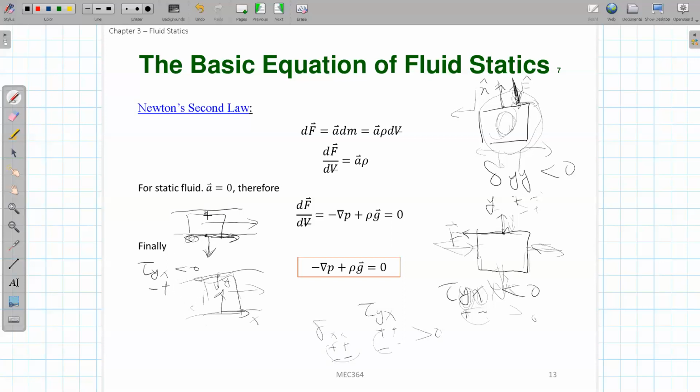And on the top one, I don't know. On the top one, if you try to drag this plate, maybe this way and this way. So on the top it's also tau yx, and the y is negative, and on the plate it should be positive. I made a mistake.